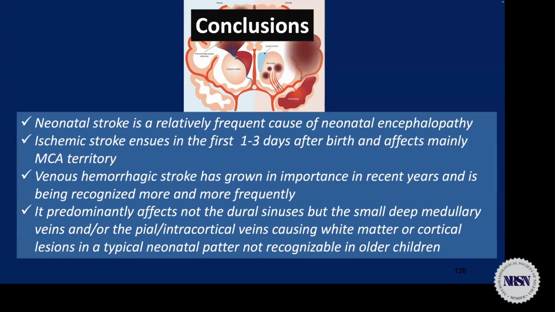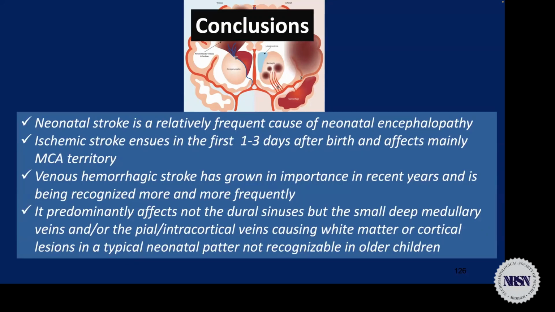So, to conclude this chapter on stroke, neonatal stroke is a relatively frequent cause of neonatal encephalopathy. Ischemic stroke usually happens in the first 3 days after birth and affects mainly the middle cerebral arterial territory.